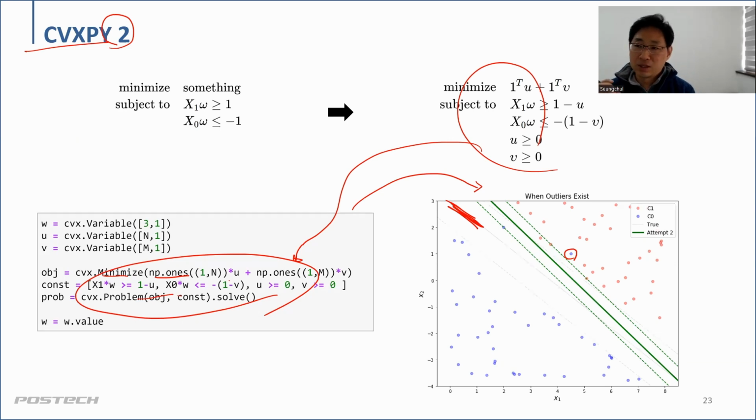At least the good thing is the second attempt is able to handle the outliers, which is extremely good, using the brilliant idea of slack variables to relax some of the constraints. But the outcome is not exactly what you want. The distance of the band is not good enough.